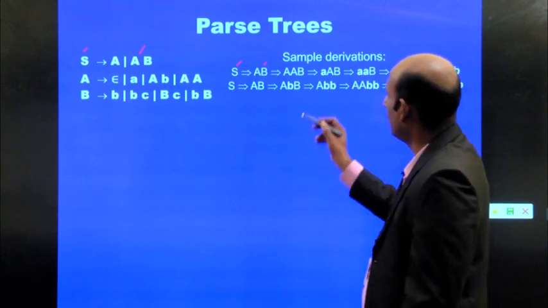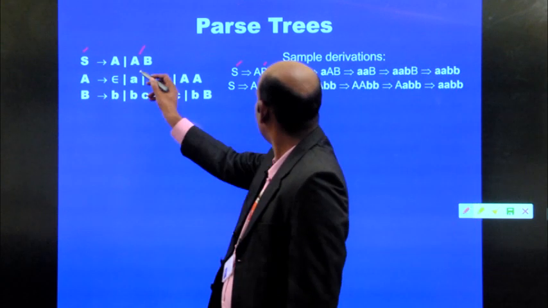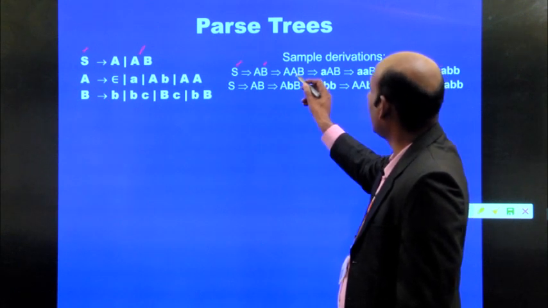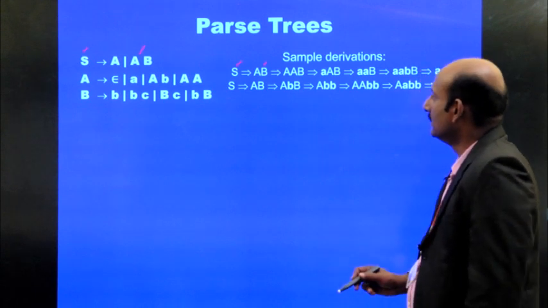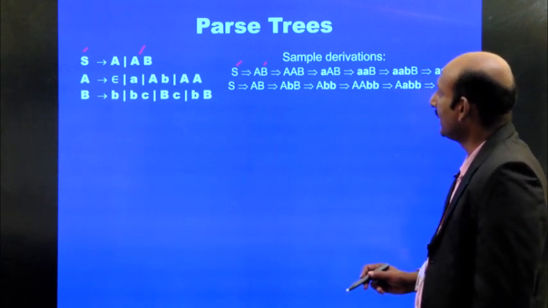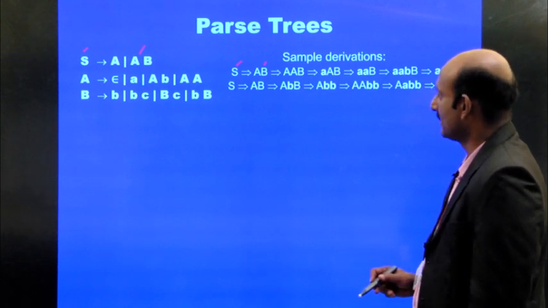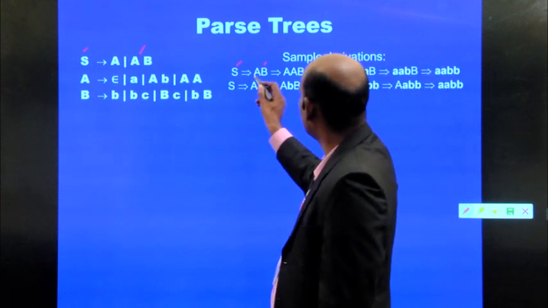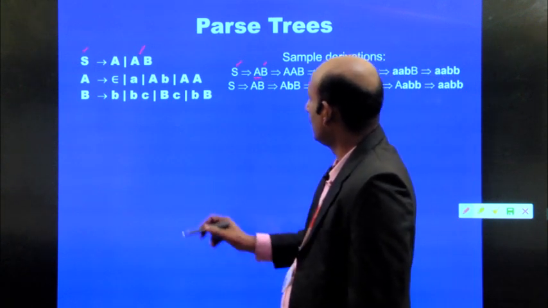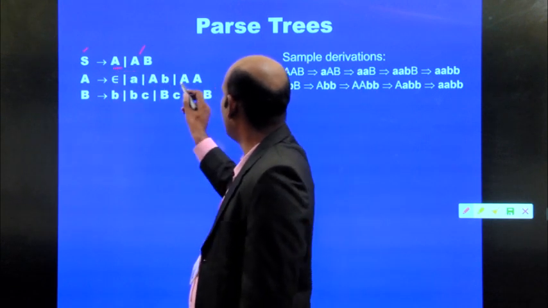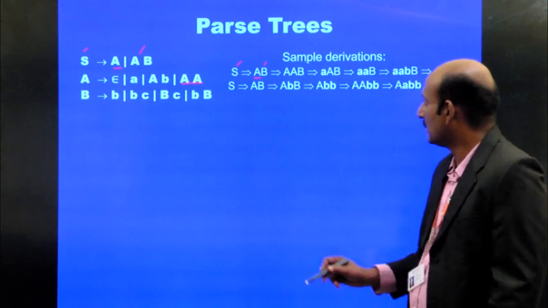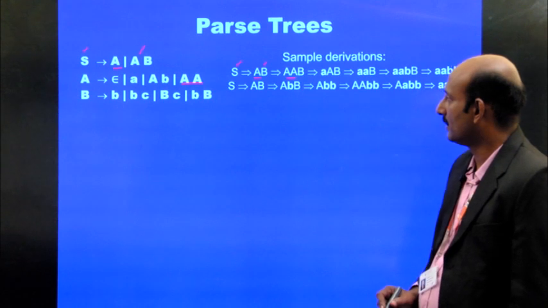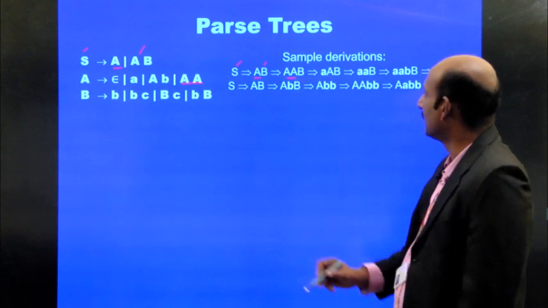So this AB is again replaced by AB likewise, because this A has been replaced by double A, right? So we can have this replaced by double A, and as it is the B.